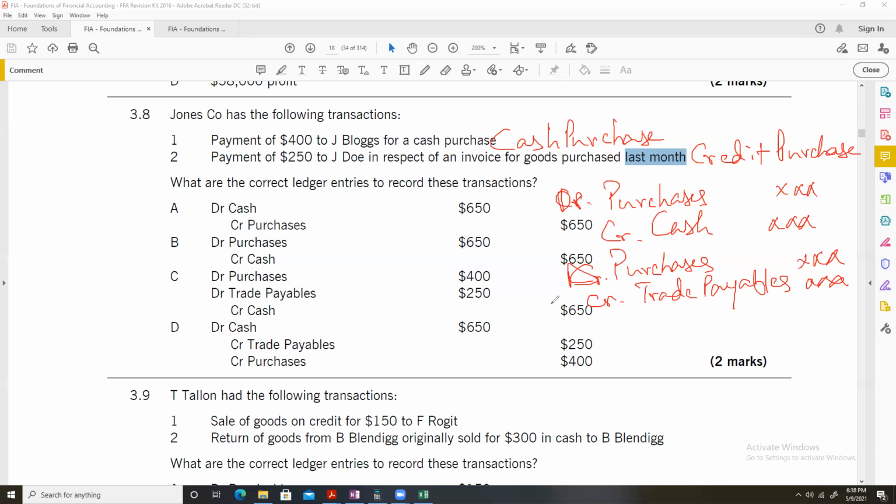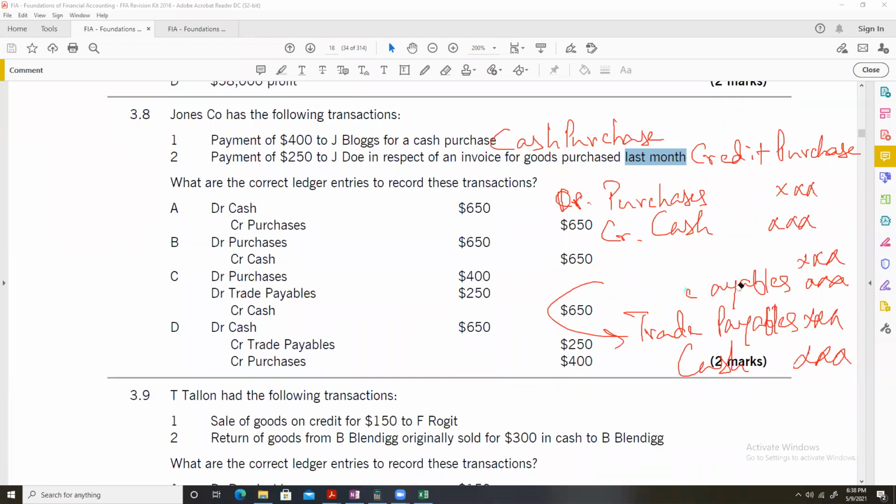And when we make payments for these credit purchases, we debit the trade payables account and we credit the cash account. Now, look at these two double entries.